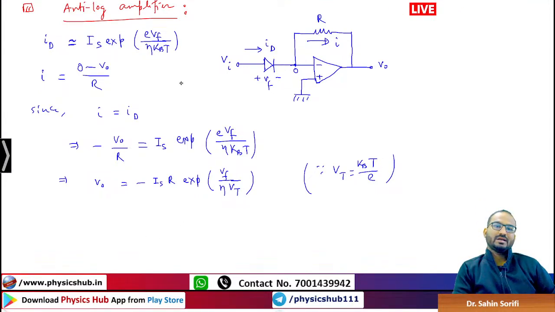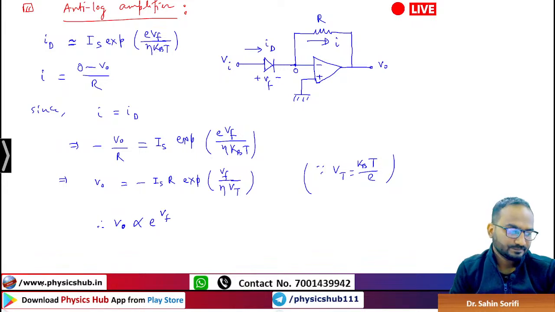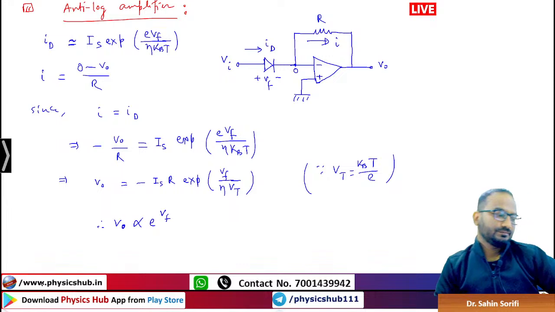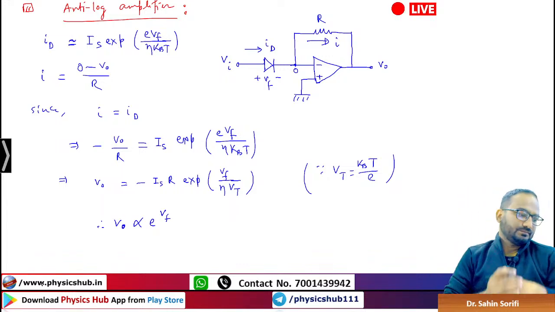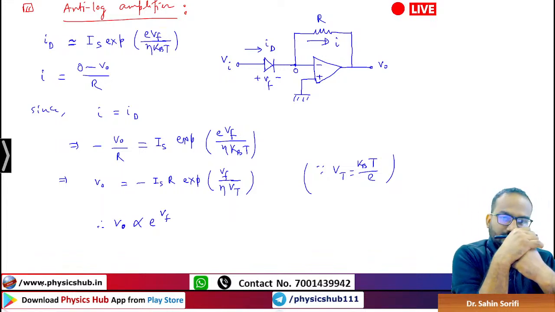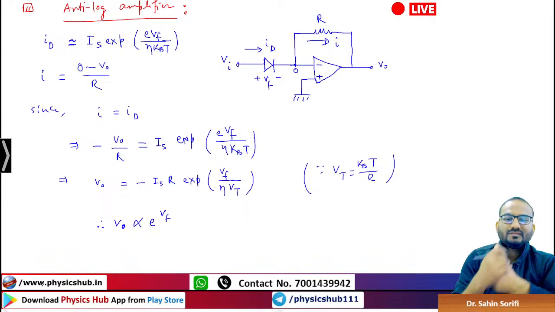So this is anti-log. Output voltage V0 is proportional to the exponential of VF.